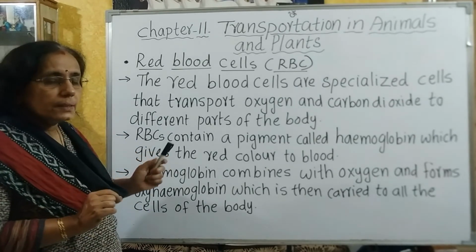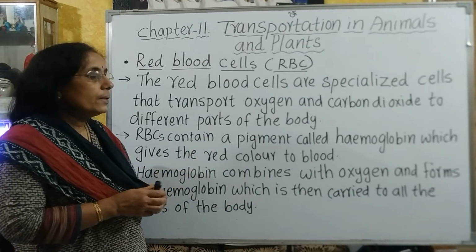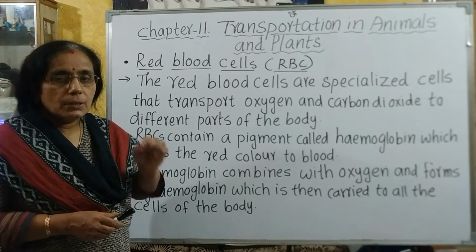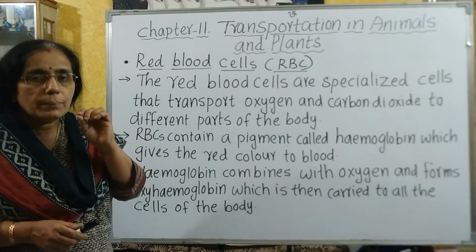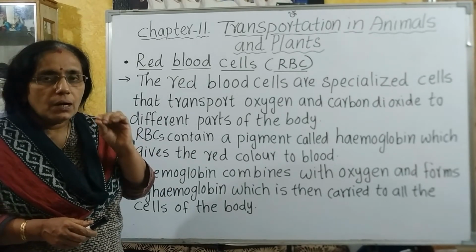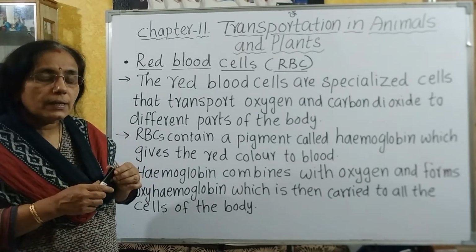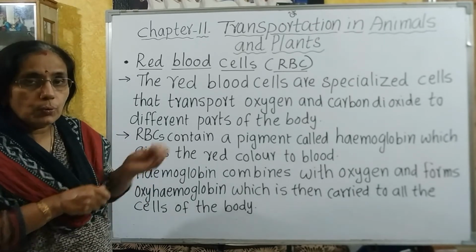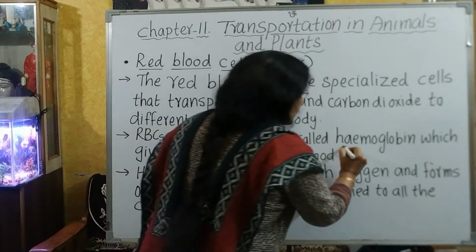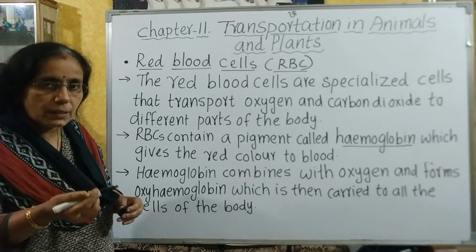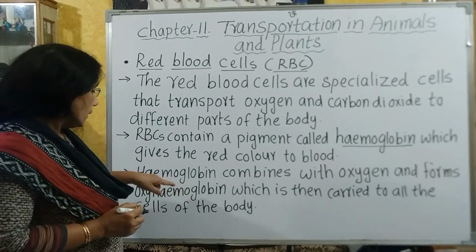These RBCs contain a pigment called hemoglobin which gives the red color to blood. So, you know that human blood is red in color. And how does the blood get its color? Because of the presence of a red pigment called hemoglobin. So, hemoglobin is the red pigment that gives red color to human blood.